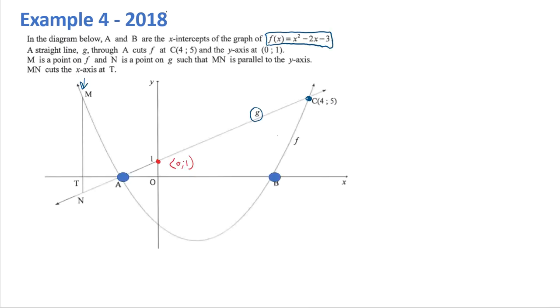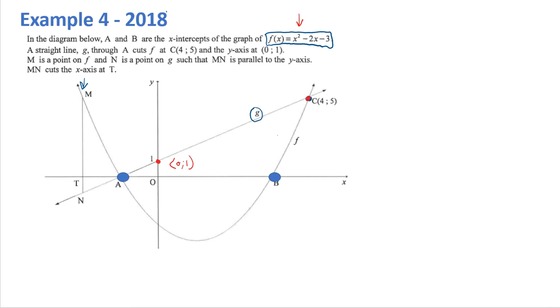What we're given is a function. We're given it in its entirety, f of x. That's a nice parabola. We're given the coordinates of where this function f and another function g cross.